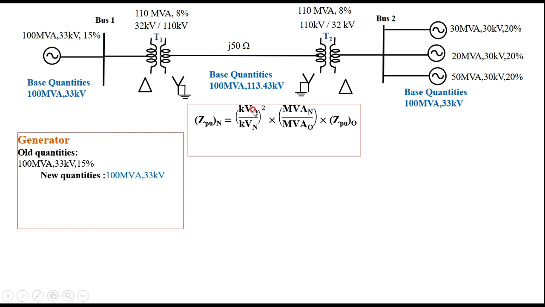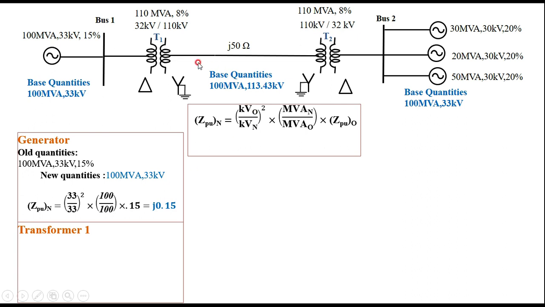Substituting in this equation, Z per unit new is equal to kV old 33, kV new 33, whole squared, MVA new 100, MVA old also 100, into the old X per unit, which is 15%, so 0.15. Therefore it remains the same, 0.15 per unit, which is the new per unit value of the generator.